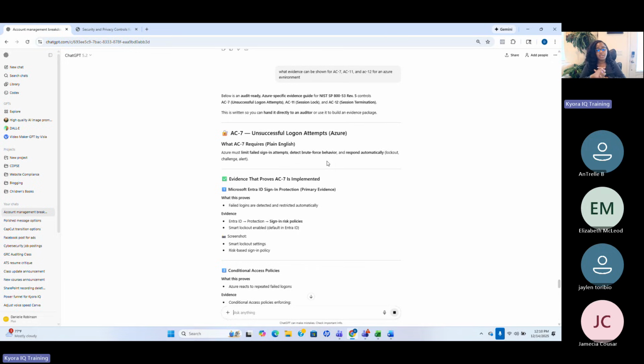In many environments, you have a lockout after 3 attempts. You would normally see that when you're trying to log into your bank, maybe it's 3 to 5, and it tells you, oh, you've been locked out. Please try again after 15 minutes. That is to prevent someone from guessing your password.